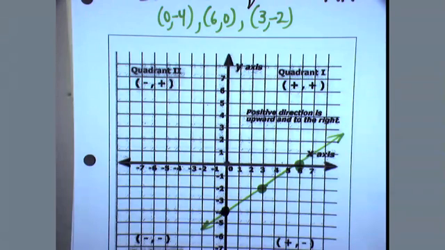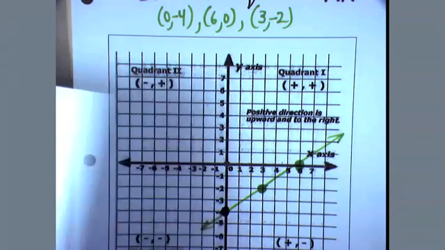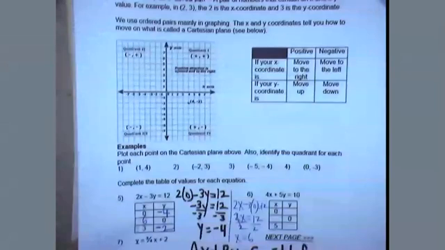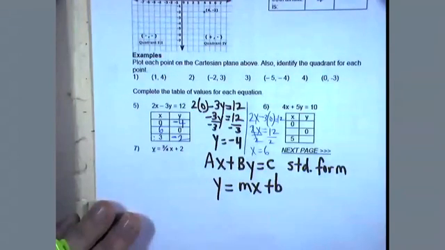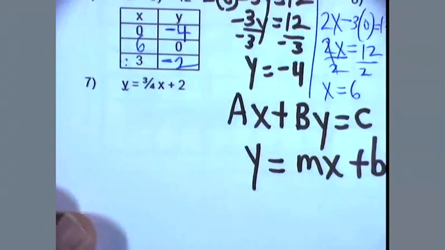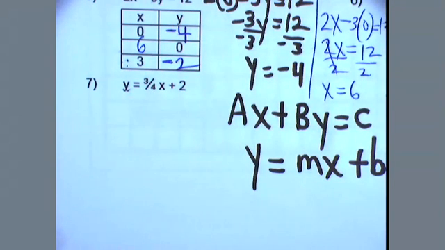Let's look at another equation with a partially filled table, and let's find these values again. Let's look at one with a fraction down here, number 7. Actually, there's no table given, so a lot of times when we're graphing a linear equation, we have to create our own table of values.